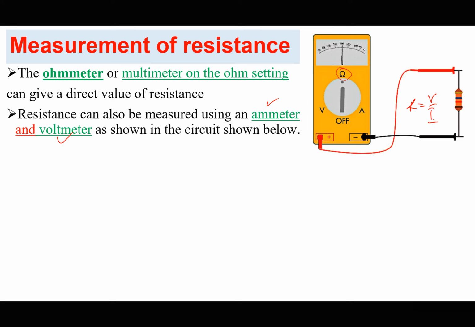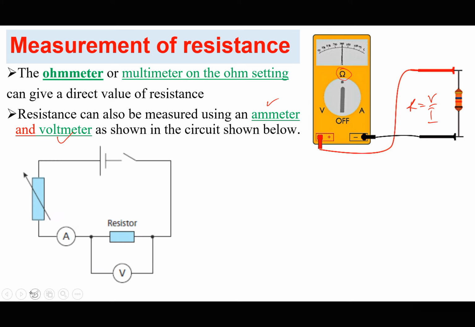So in the absence of an ohm meter or a multimeter which you can set on the ohm setting, you must use both the ammeter and the voltmeter, because this will not give you a direct value for resistance, but it will give you values to use to obtain the resistance. So if we are using the ammeter and the voltmeter, then we must do something like this.